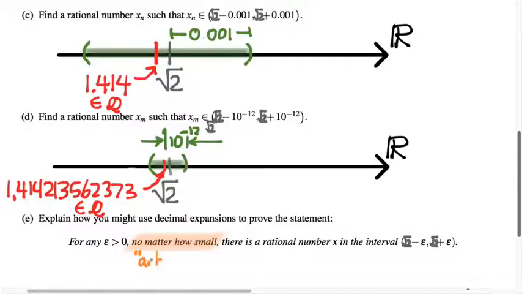It tends to be the notation that we use. Can't go too long in a real analysis course without meeting this Greek letter. So how can we know, or how did you explain in your team, that no matter how small I make this little interval, I can always find a rational number in that interval? What were your thoughts?